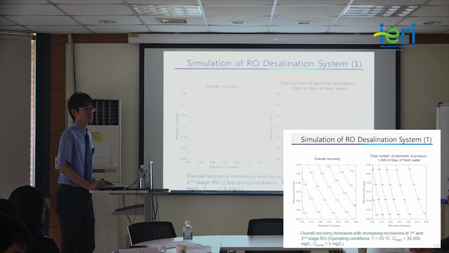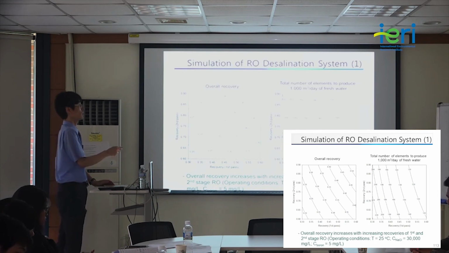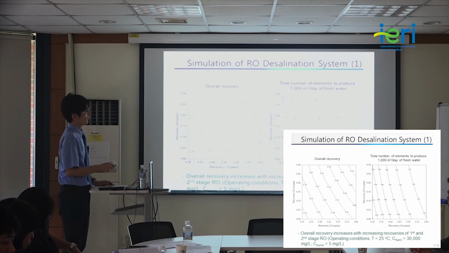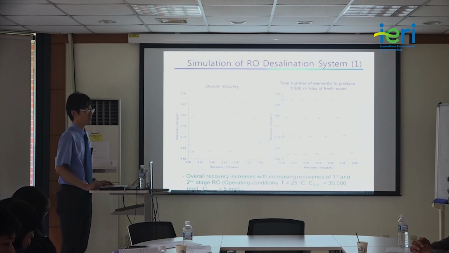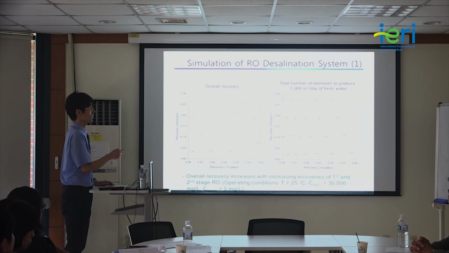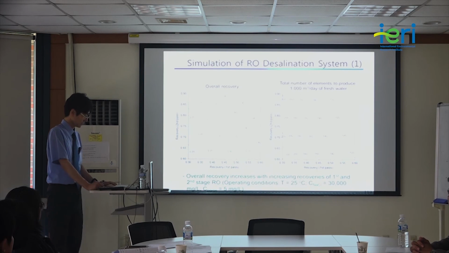So we have to spend more money to construct this plant, even if the total water production is the same. So in summary, if you have the smallest number of membrane elements required to produce a certain flow rate of the permeate, it means that this has the lowest construction cost.